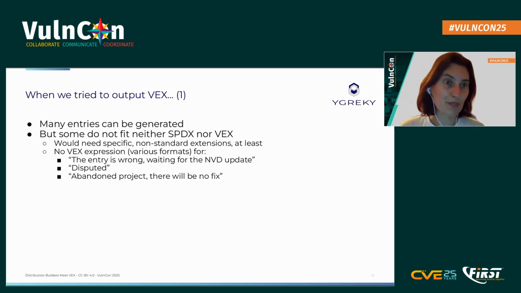For example, there is no VEX statement for 'the NVD database is wrong for this entry'. There's a status for disputed in the CVE entries, but it's quite complicated to expose it in VEX. And we also have a situation like 'this is an abandoned project, there's not going to be a fix', and this is also not directly possible. And there are more cases like that that we cannot actually expose.